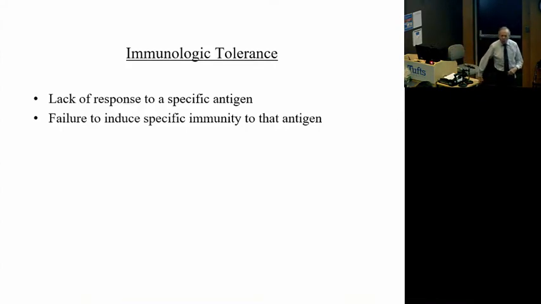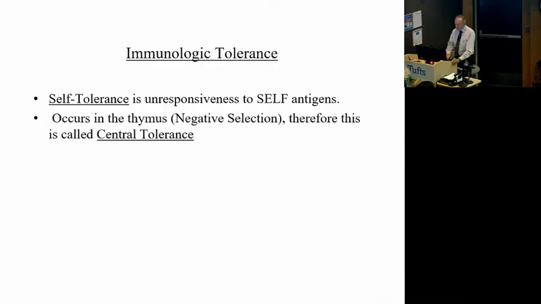And you're saying, what? You told us before, every antigen will elicit an immune response. Under certain circumstances, you do not elicit an immune response. It's called immunologic tolerance. Let me just tell you a few words about it. First of all, there is a thing called self-tolerance.